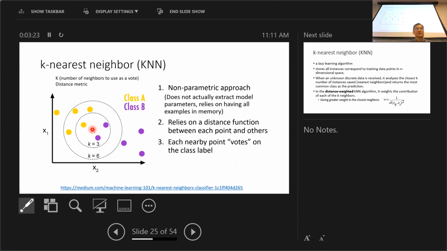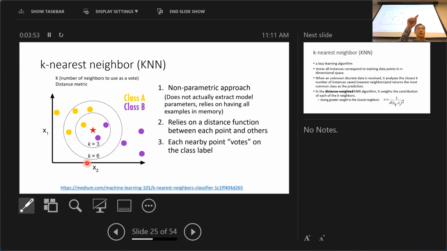Is this a good method? It works okay, especially if you have a very complex shape of the data. It just looks at what your local neighbors are. And this method, of course, depends on the K value you selected, and also depends on the distance you compute between data points.